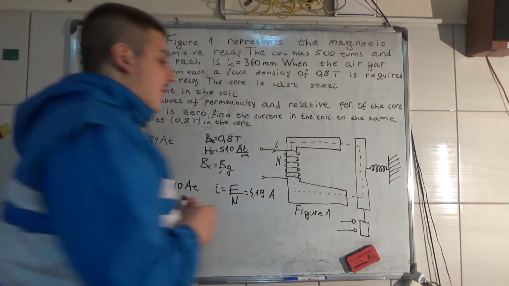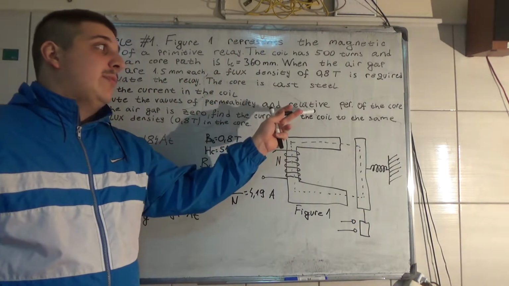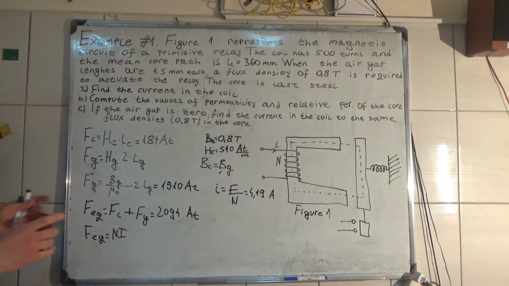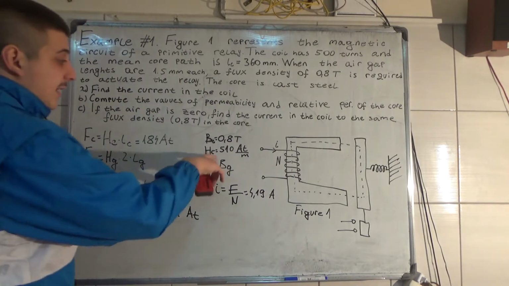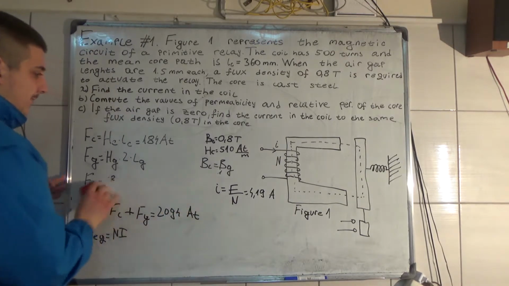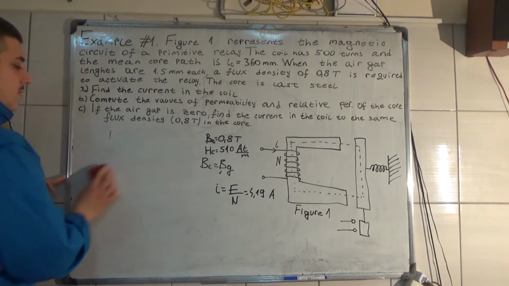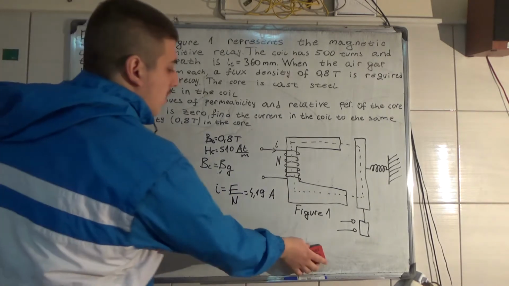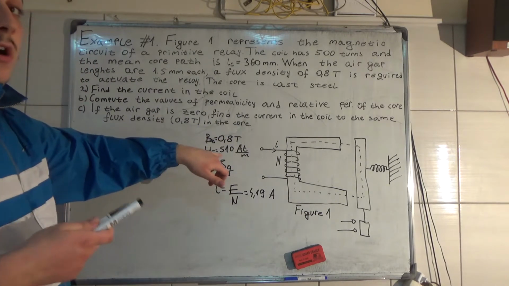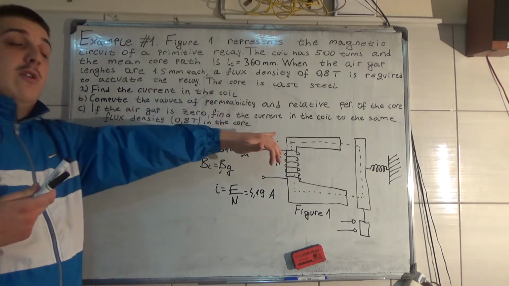Now let's figure out the values of permeability and relative permeability of the core. I'm now going to clean everything except these two, and I'm gonna leave this one. Now, if we know B in the core and H in the core, it's easy to calculate the permeability of the core.